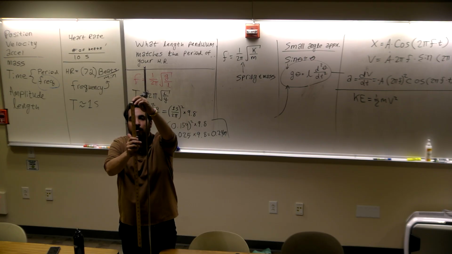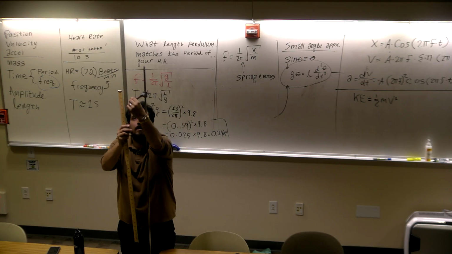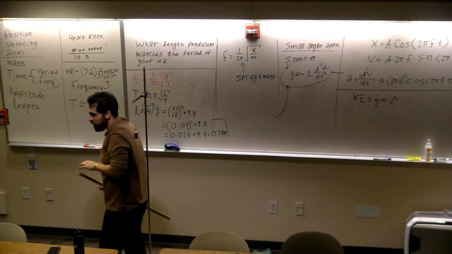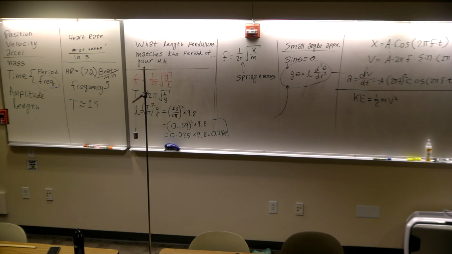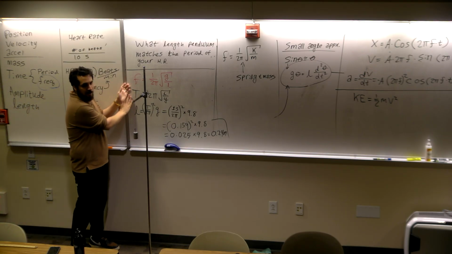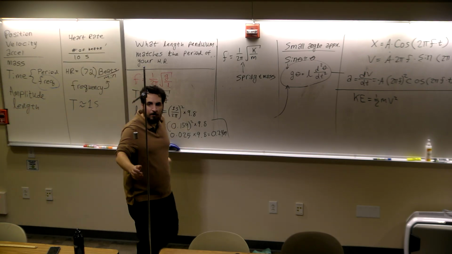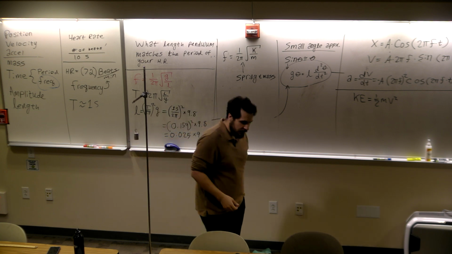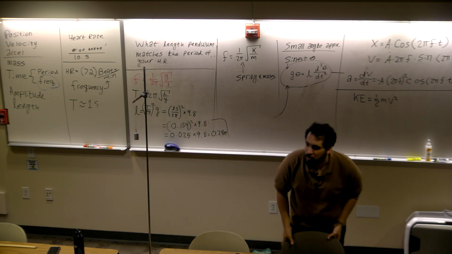Now, in theory, a pendulum of length 24 centimeters should have a 1 second period. If our theoretical derivation of the equation works out, a 24 centimeter pendulum should have a period of 1 second.